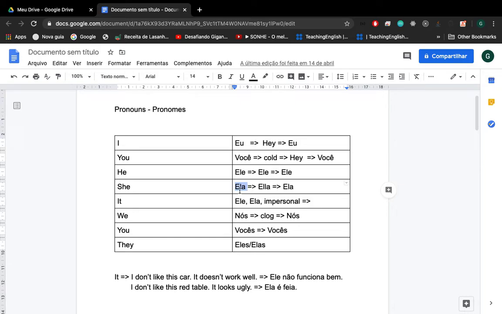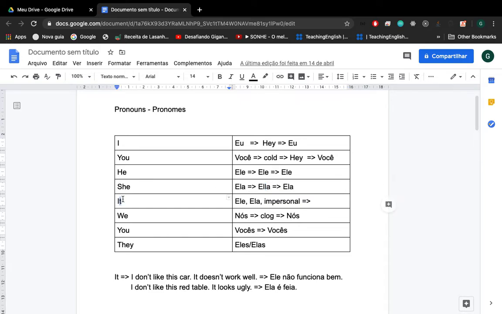Instead of picking a word to teach you the pronunciation, I've noticed that there are a lot of girls called Ella in the US and in many other English speaking countries. So Ella, the name of a girl, has the same pronunciation as the pronoun in Portuguese. So ela, ela.